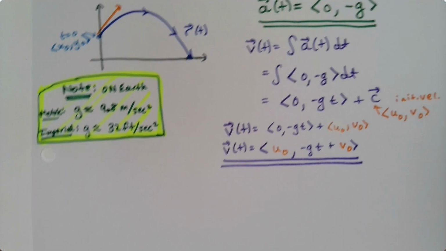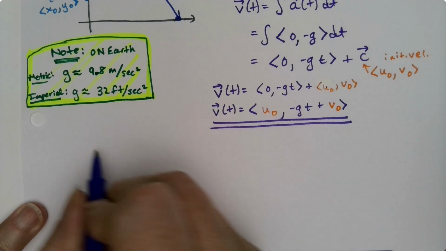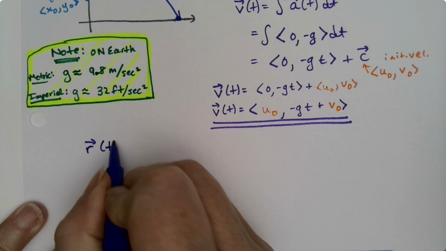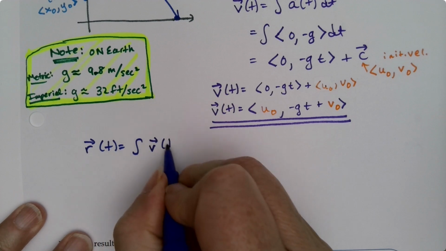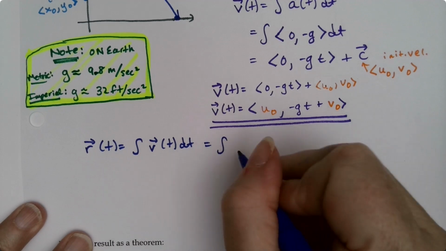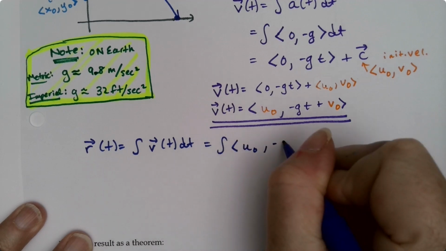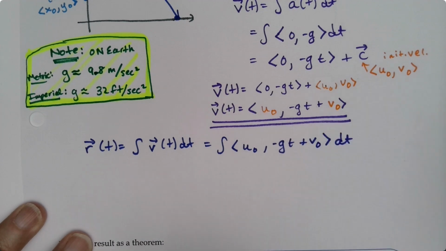All right, now what about position? Okay, well, position, r of t, is, I'll start writing over here, the integral of velocity. So that's the integral of u0, comma, negative gt plus v0 with respect to t.